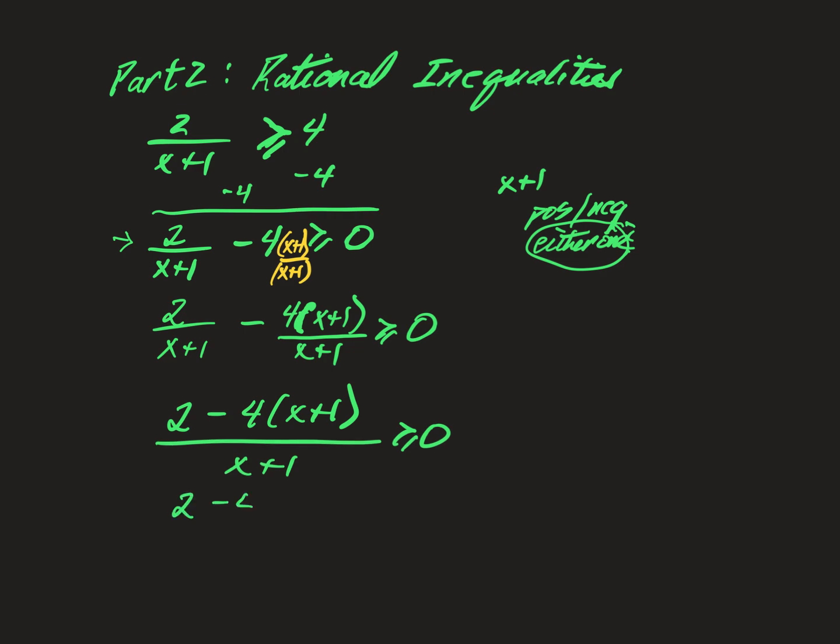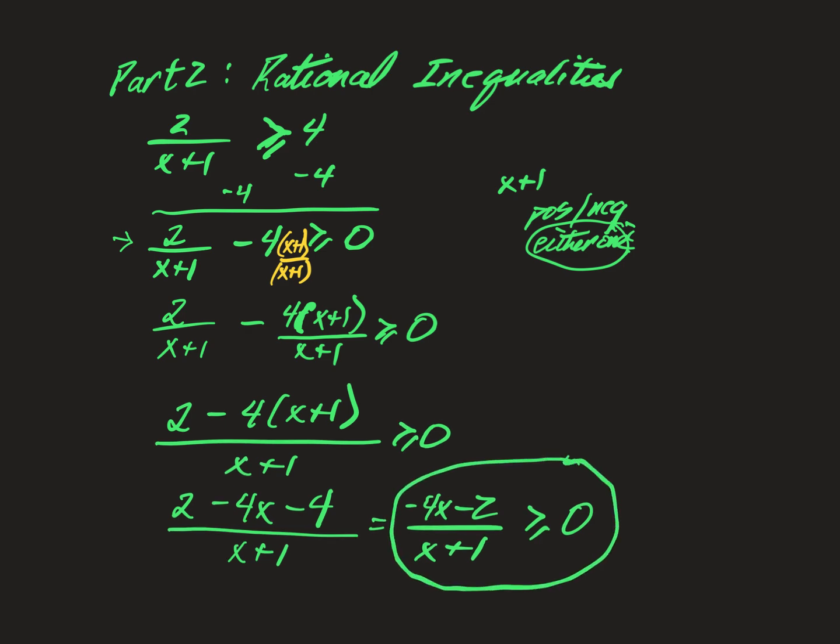So I get 2 minus 4x minus 4 over x plus 1, which is negative 4x minus 2 over x plus 1 is greater than or equal to 0. So what we have done is combined everything into one fraction. So this is your goal: combine all non-zero terms into one fraction.